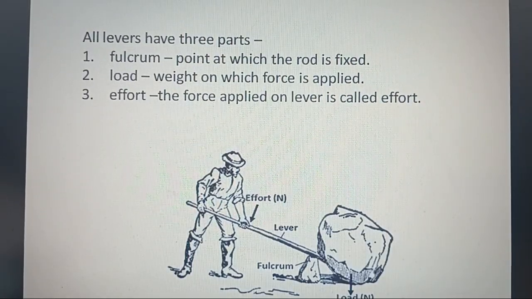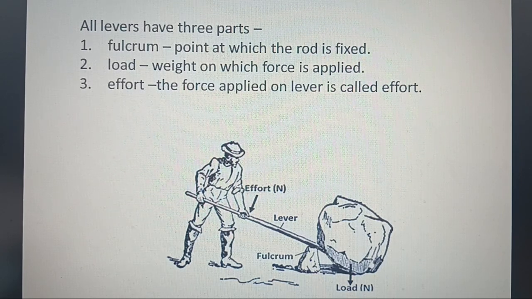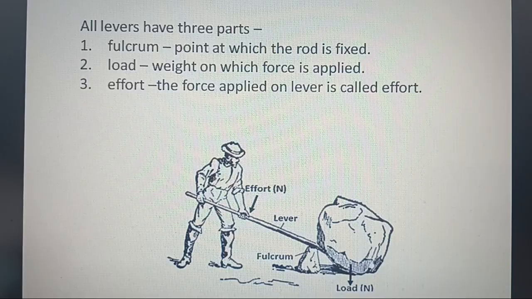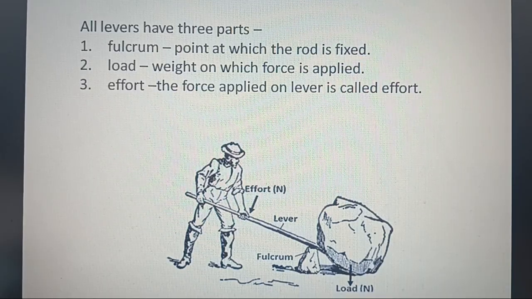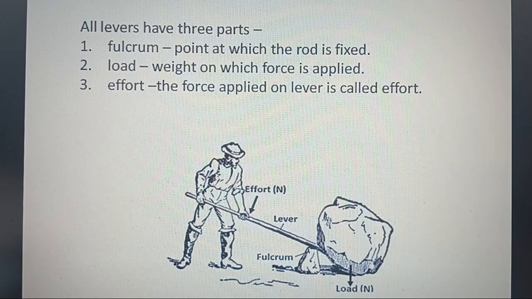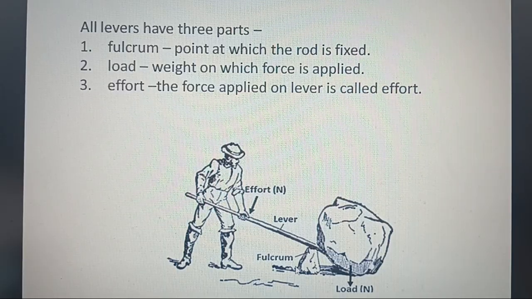Now we will understand this by the picture. All levers have three parts: fulcrum, the point at which the rod is fixed. This is the fulcrum, here is the rod, and this is attached from the fixed point.